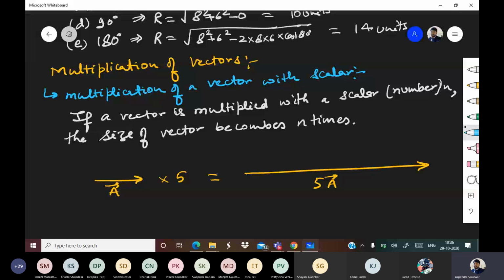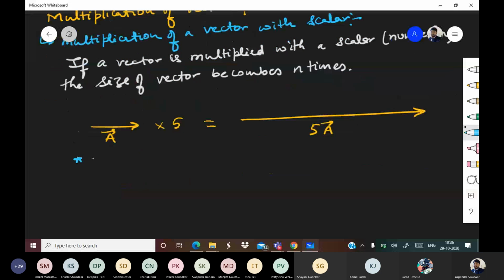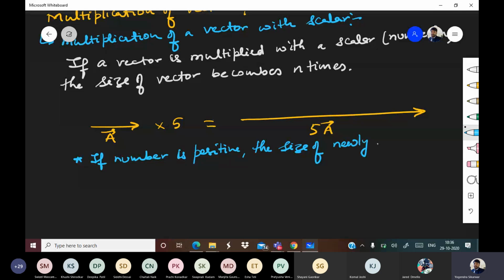Now if the number is positive, rather than size, let us talk about direction.